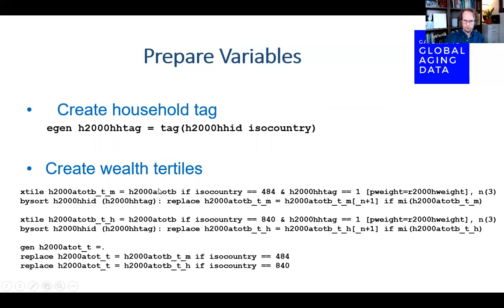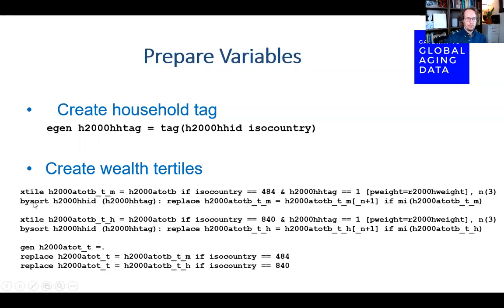So we're not going to make it for 2012, but just where people started in 2000. We'll do it both for people in Mexico, and then below for people in the HRS. So that's the underscore M, the underscore H. We are going to take into account our weights here. So this xtile command will allow us to take into account our weights. And when we say N3 here, we mean tertiles.